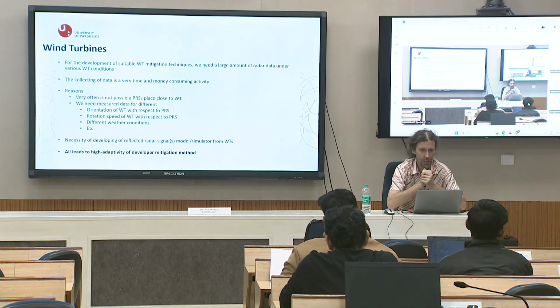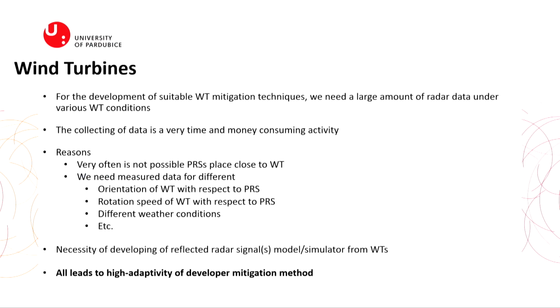So we need a simplified model. And all these things lead to the conclusion that, due to high variability, all mitigation techniques must be based on high adaptivity. Because if you develop some mitigation technique for one wind turbine under one condition, under other conditions it will not work.